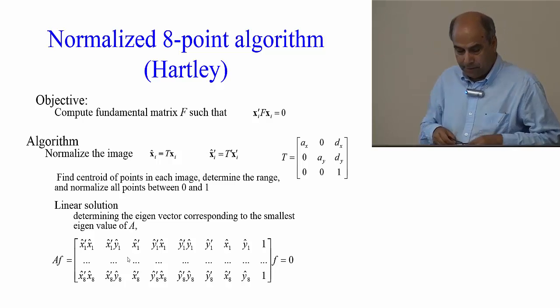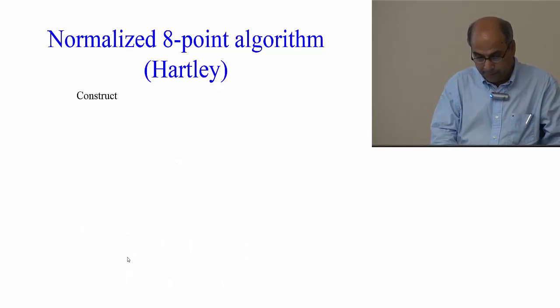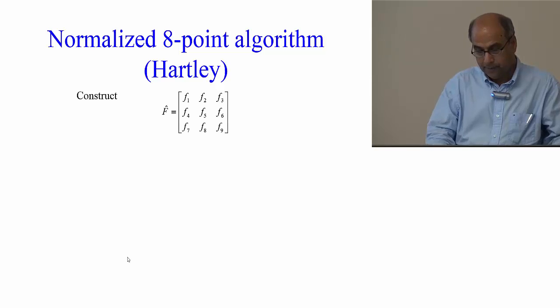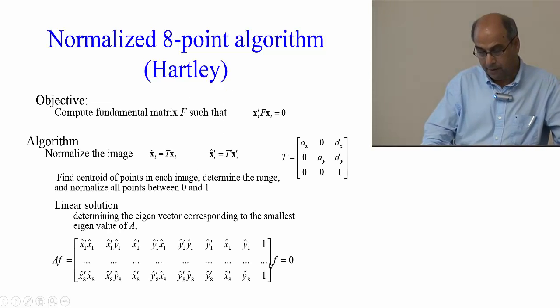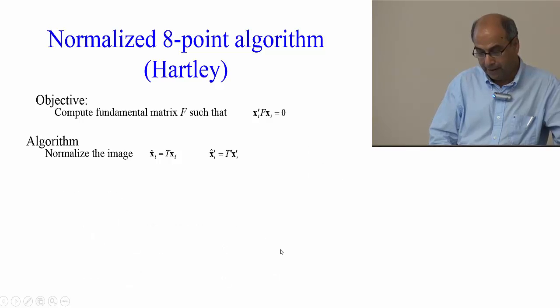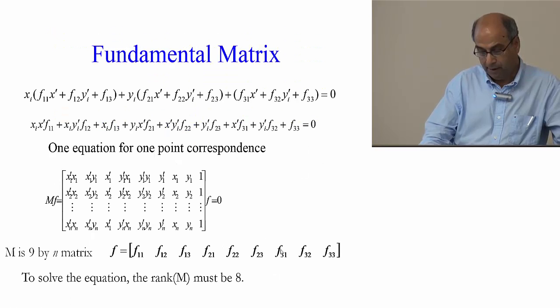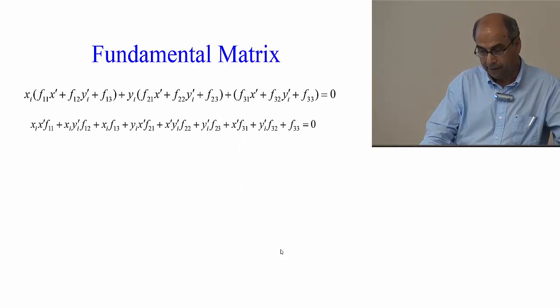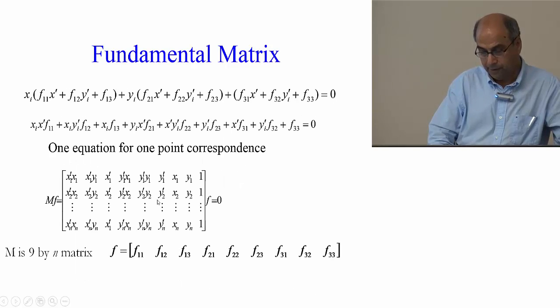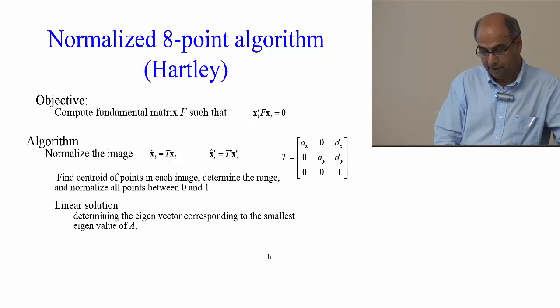And that we can determine, and once we know the solution, that eigenvector we can make into a matrix, because remember here we made the matrix into a vector, but this was actually a matrix.